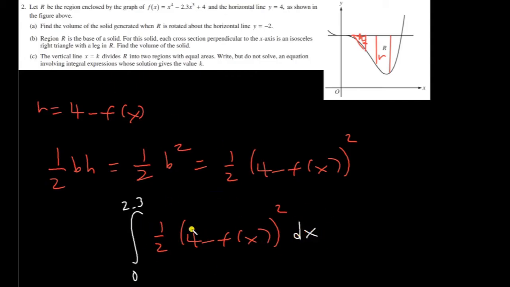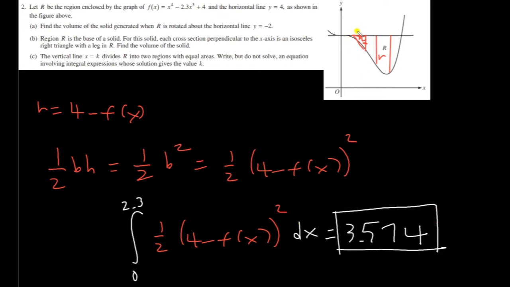And if you add up all these areas using this integral, you get 3.574. And that is the volume that you get when you add up all the triangles. This is a 3-point question, 2 points for the integrand, 1 point for the answer.